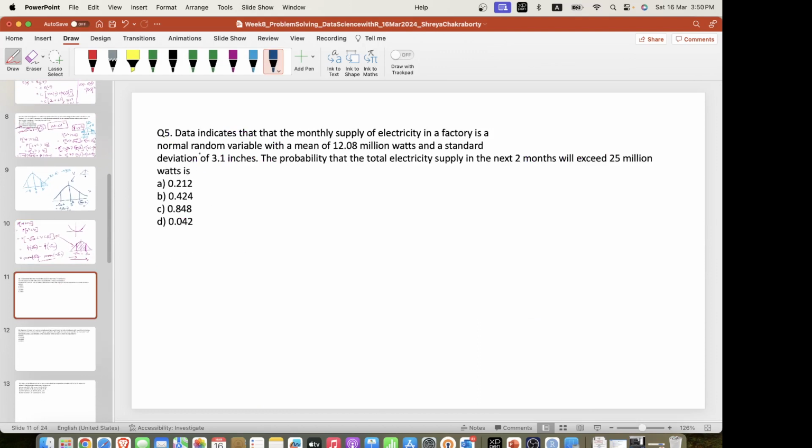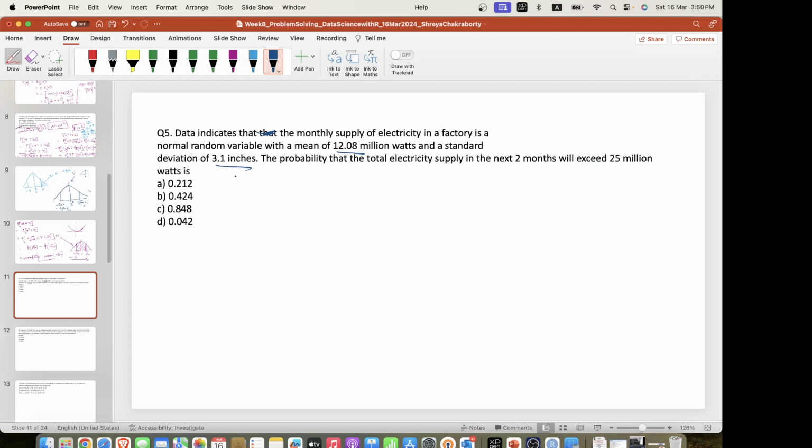Moving on. The data indicates that the monthly supply of electricity in a factory is a normal random variable with mean 12.08 and standard deviation 3.1. What is the probability that the total electricity supply in the next 2 months will exceed 25 million watts?